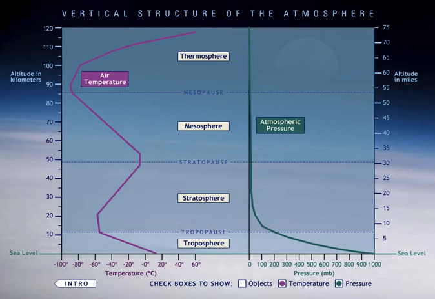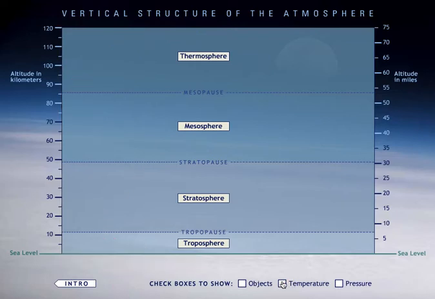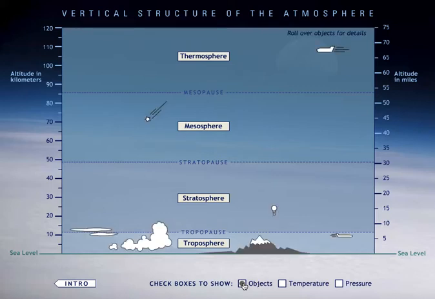Now the last thing that I'm going to highlight on this particular screencast are some of the basic objects or things that you will see at each layer, just to kind of give you some perspective. So one of the things that was discussed in the worksheet website was that all of the clouds and weather will be in the troposphere.